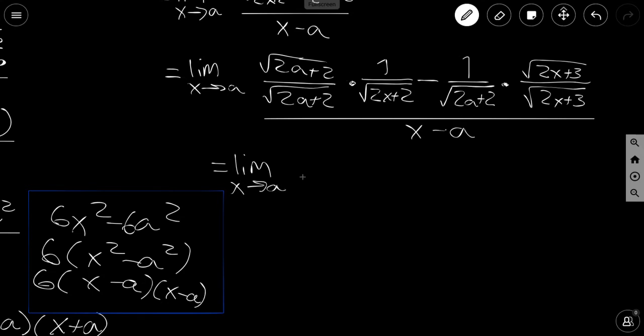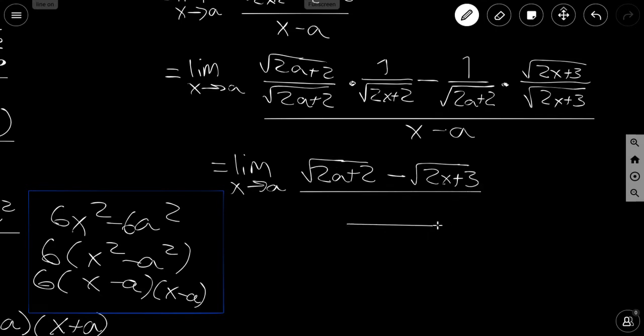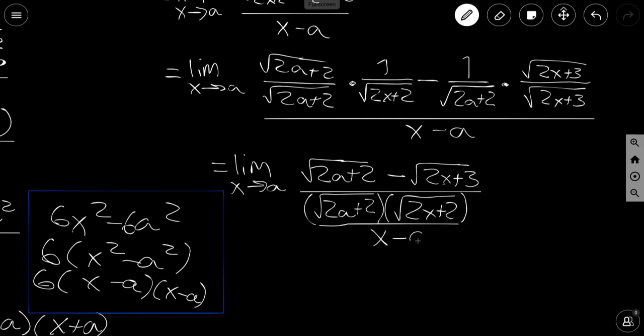So let's multiply this out, which gives us times, oh, all right, parentheses, x minus a.